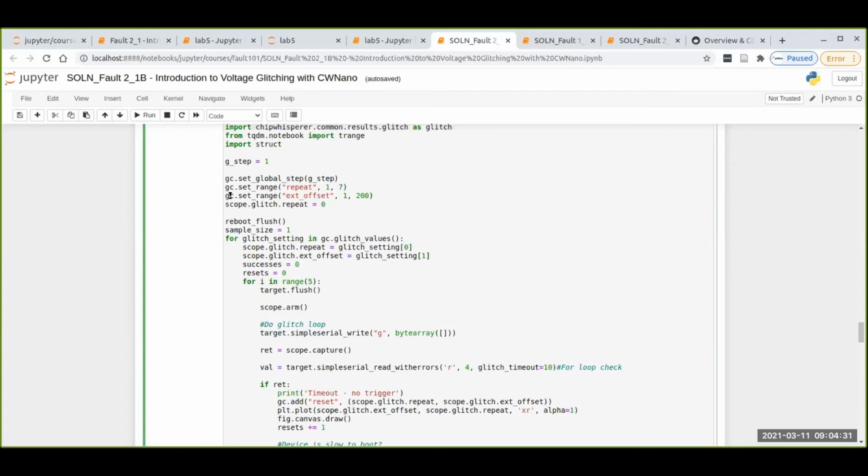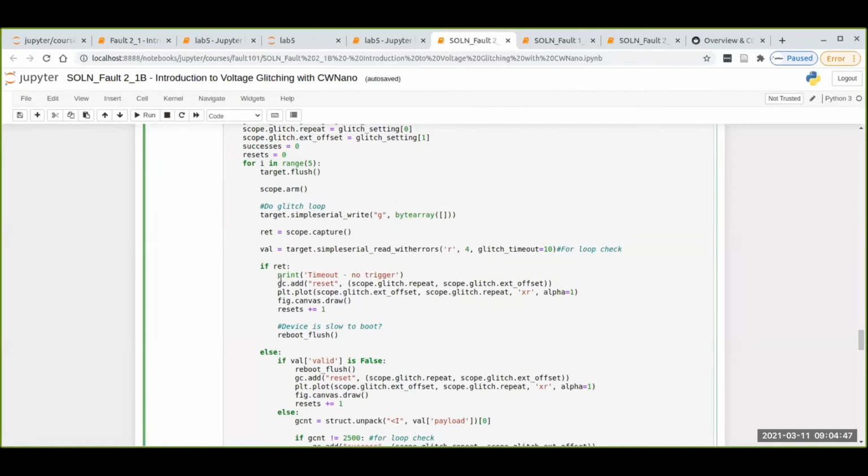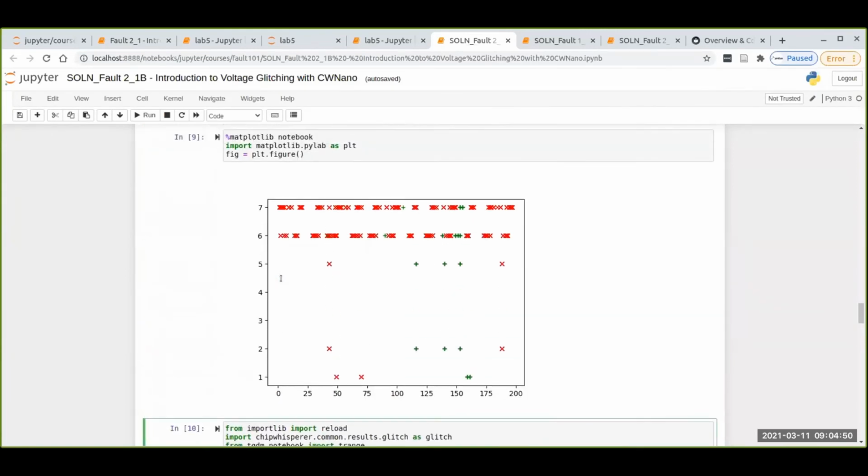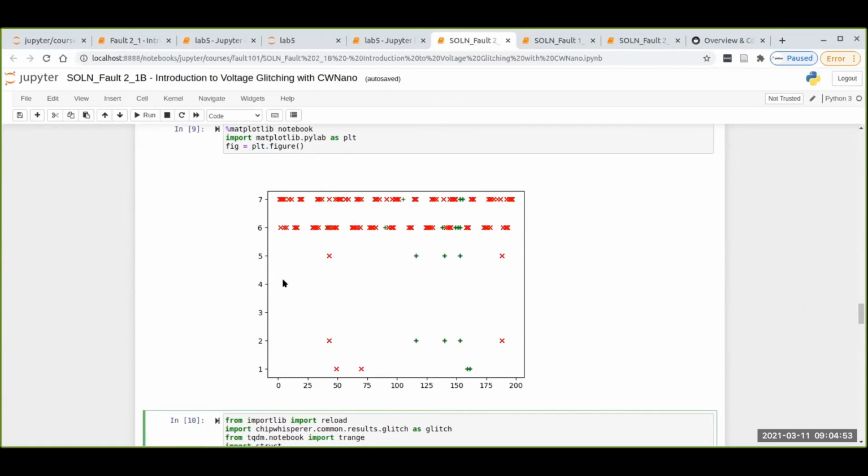But then there's another range that's being used that's called repeat. I'm hypothesizing, could be wrong, would it be a number of times that I repeat an experiment? And I want to see how many times it's successful or not successful at a certain value.